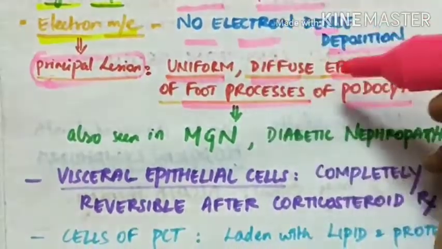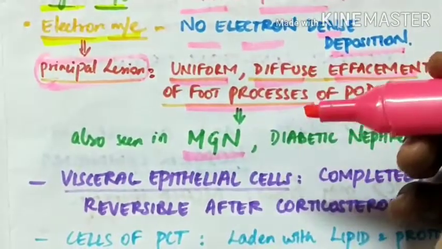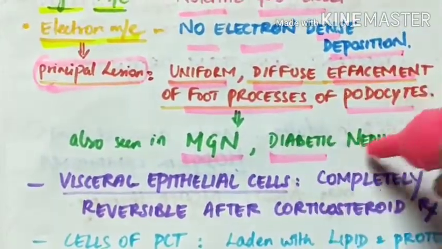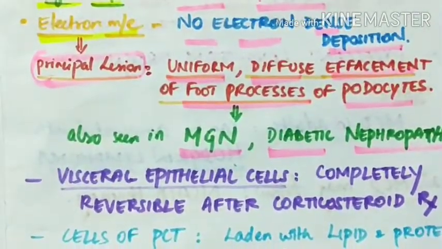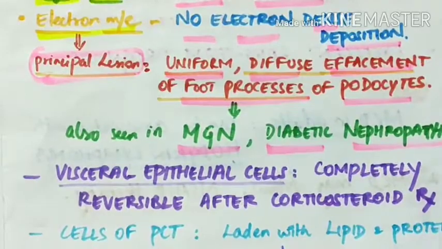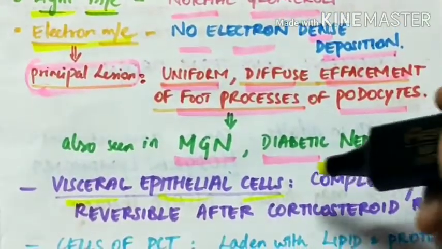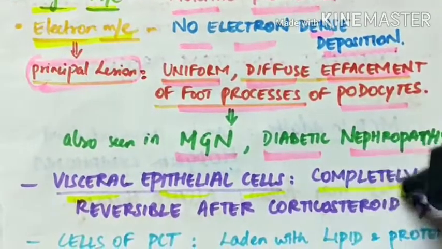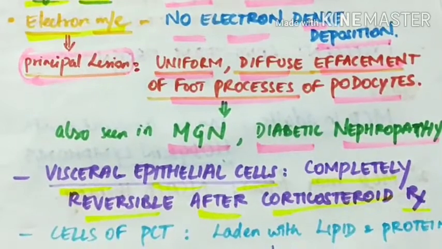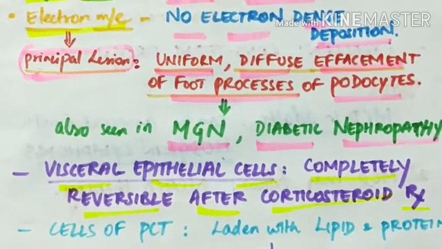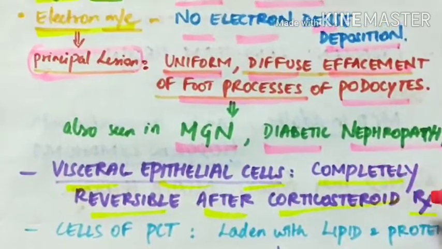This diffuse effacement of foot processes of podocytes is also seen in membranous glomerulonephritis and also in diabetic nephropathy. So there is no electron dense deposition in case of minimal change disease. The visceral epithelial cell damage is completely reversible after corticosteroid therapy. This means that minimal change disease responds very well to corticosteroid therapy.